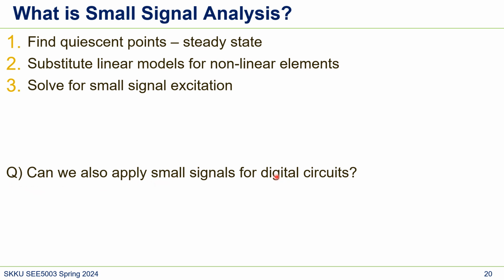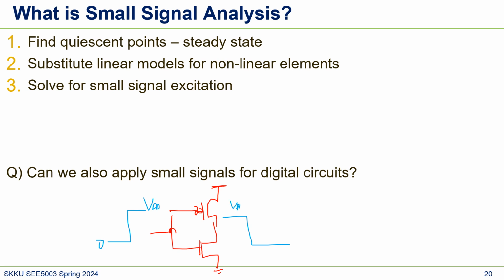What about digital circuits? Digital circuits are hard to apply small signal to because, for example, well, we haven't talked about this, but this is how an inverter looks like. Just assume that this is an inverter. What it does is, if input comes, the output operates in the opposite way. They're just operating from 0 to VDD, VDD to 0. This is how a digital circuit usually operates.